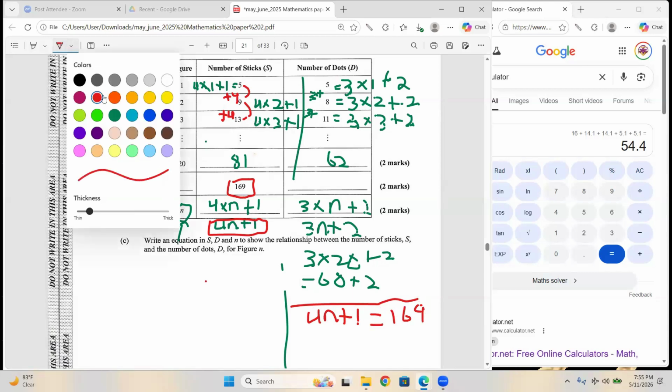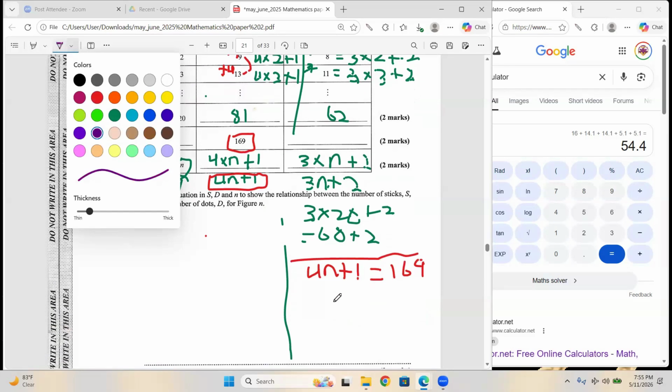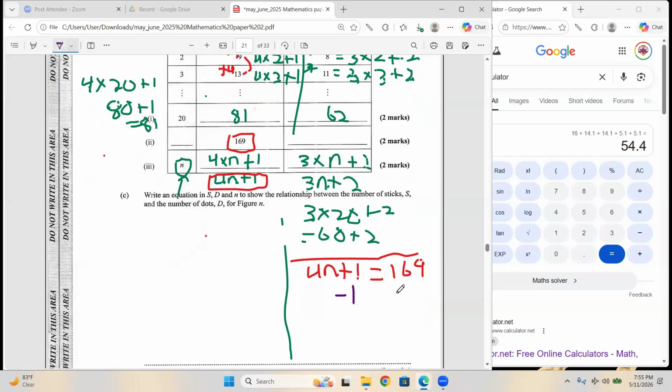Your transposition comes in handy. So we need to move the positive one first. When you transpose, you move anything minus first, followed by adding. So we're moving the positive one first. I'm just doing it as quickly as possible. So we're taking away one on both sides. This will leave us with 168. This will cancel off, leaving us with 4n is equal to 168.